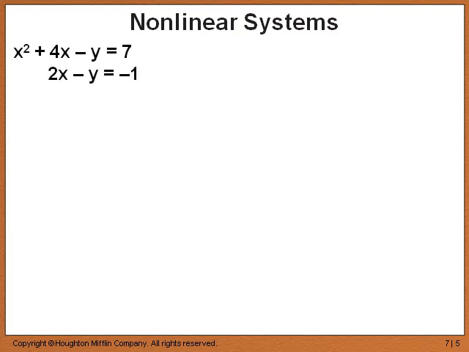So here's an example of a nonlinear system. x squared plus 4x minus y equals 7, and 2x minus y equals -1. Well, the first equation of those two is not linear, the second is, but this would still be called a nonlinear system. Now, we're going to solve this nonlinear system by substitution.